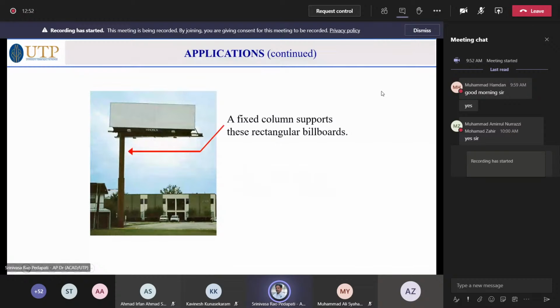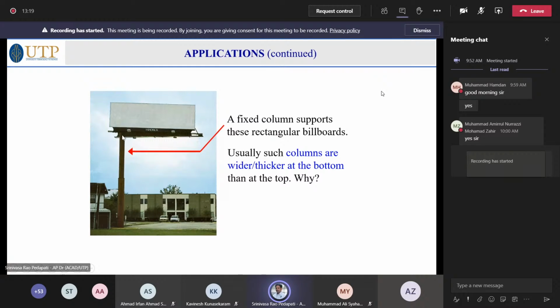You see these fixed columns in the billboards, and they have some supports. In the design, you can see at the bottom they have a larger diameter, and then as it goes up, a smaller diameter, a taper-like shape. The columns are thicker at the bottom. There is a purpose for that.